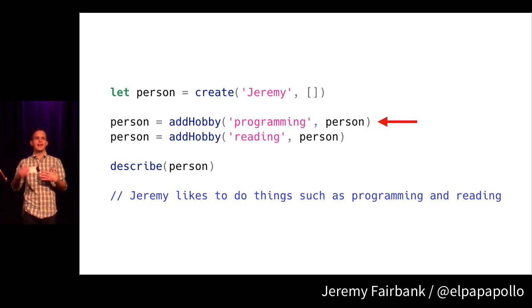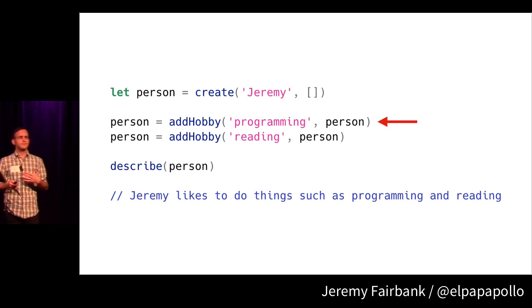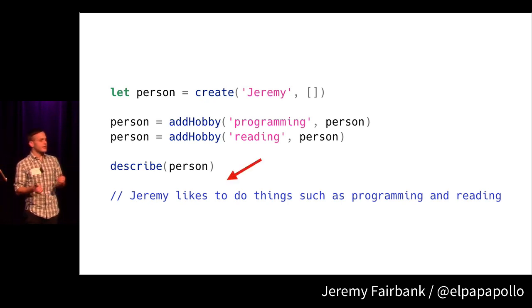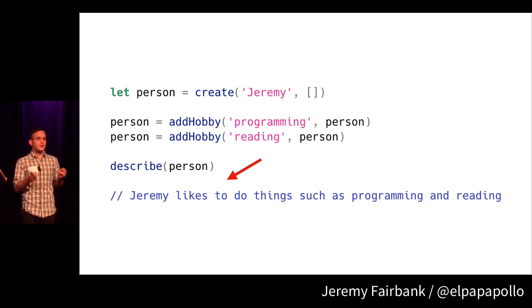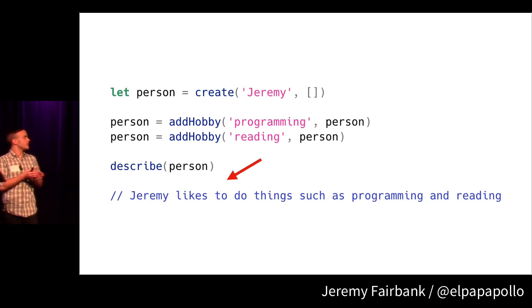And that keeps my state out in the open. I have an explicit flow of state throughout my program. And then I can add in another hobby, and then call describe, and I get back the same result I had before. But now, because I'm using immutable data and my state's out in the open, it's easier to follow the flow of changes in my program, and I don't have to worry about any method or function accidentally mutating my state underneath me.